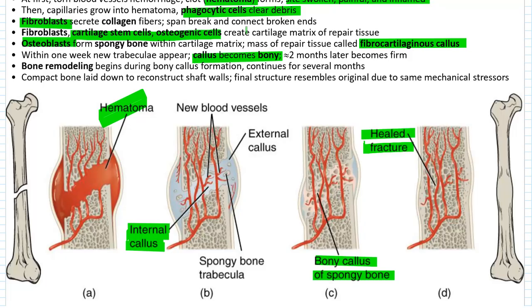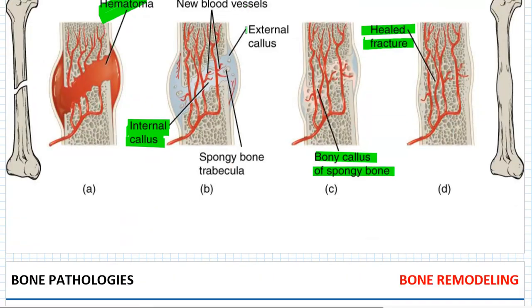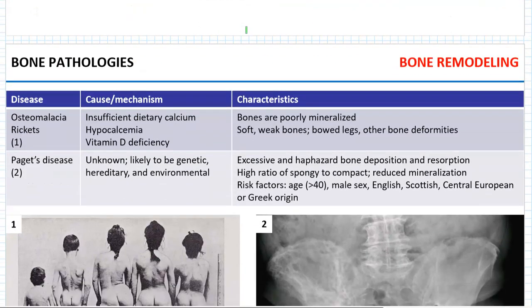Because once the cast is removed and you start using it, you use it for the same purpose. Like if it's your arm, you do the normal things with your arm, so that callus experiences the same mechanical stimuli, okay? And that remodels the callus the way it is supposed to be. This is why it's not thin, it's not thick, it's just the same. Okay? So the same mechanical stress determines why the fracture is healed in the same way.